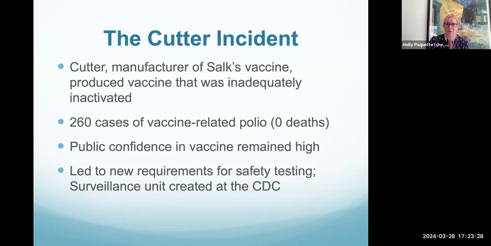The problem with the Cutter manufacturer led to new requirements for safety testing, and also a surveillance unit that was created at the CDC to monitor the spread of disease that could happen with vaccines. So Salk's vaccine, though, was the one that was considered the IPV or inactivated poliovirus.